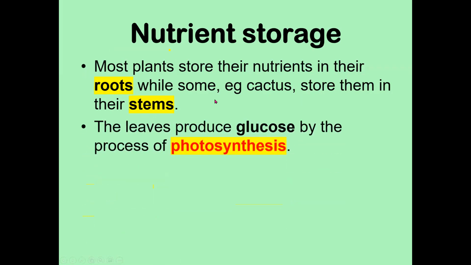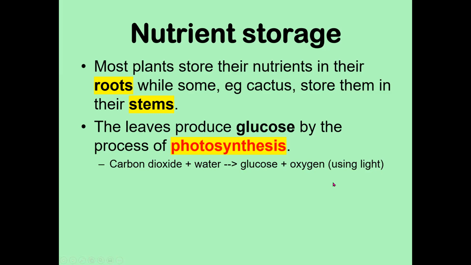And the leaves produce glucose through photosynthesis. This is the general formula for it. I've left all the enzymes out. That's not important. The important thing here is that carbon dioxide from the air and water from the ground combine with light and chlorophyll.